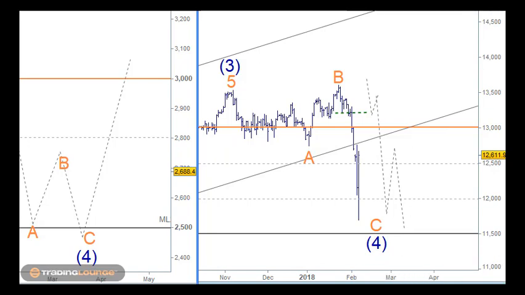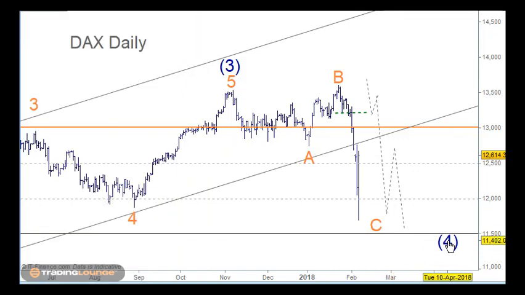So just paving the way here for ideas, this situation here could have all of this as just wave A, once we've got the 5 waves here, and then wave B over here, and then wave C over here.